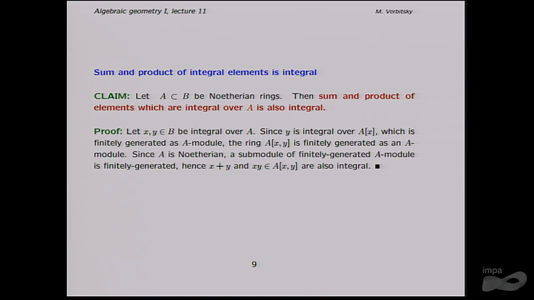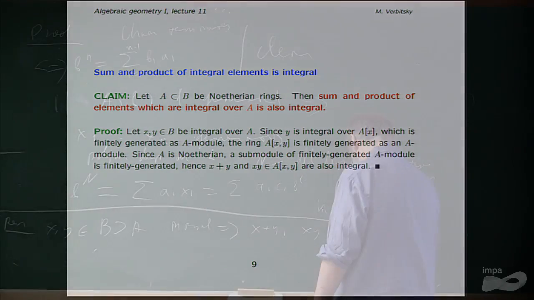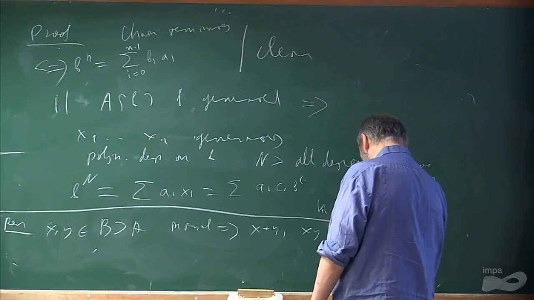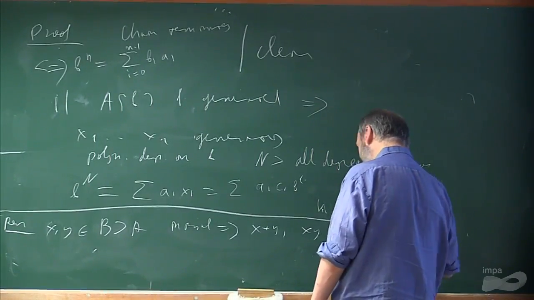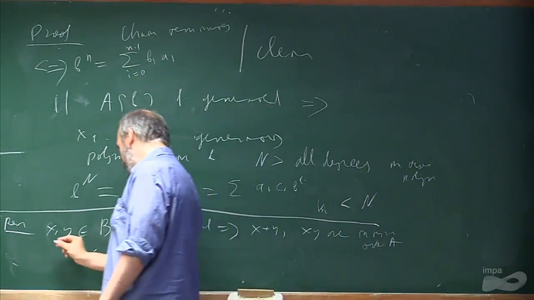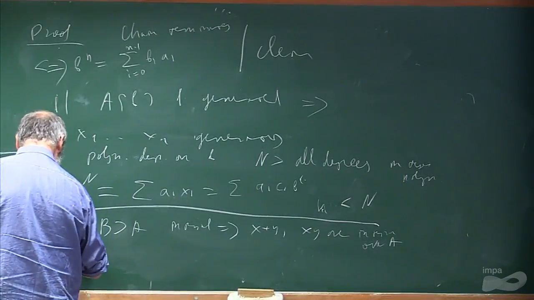So, remark: if X and Y inside B, which contains A, are integral, then X plus Y and XY are integral over A. And I assume that A is Noetherian.